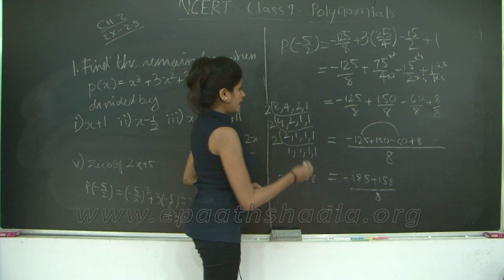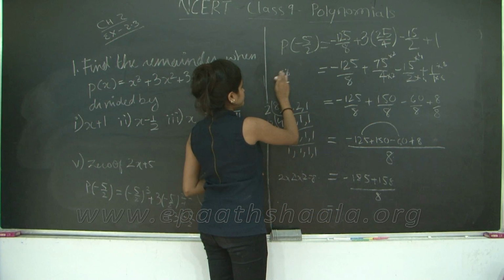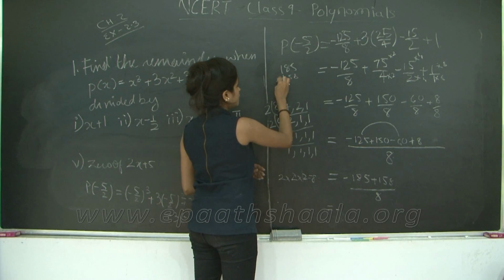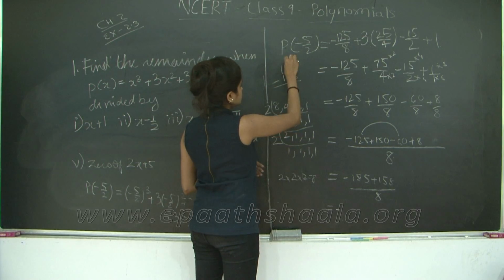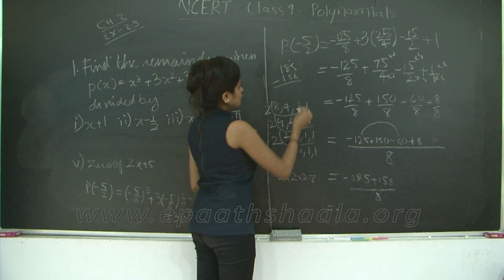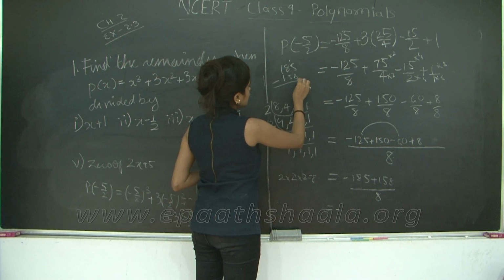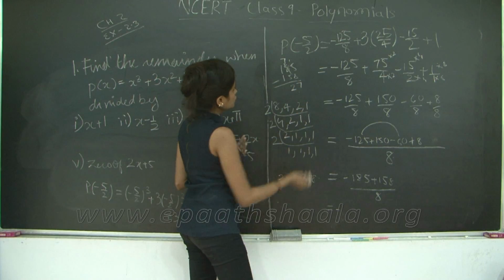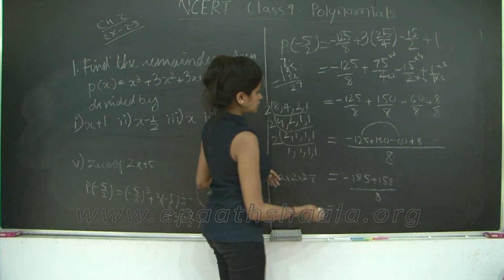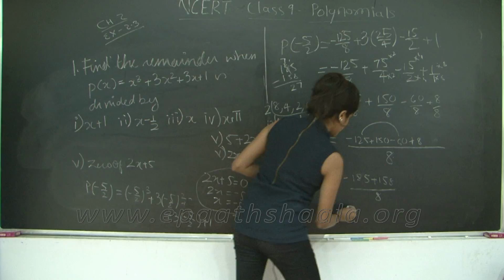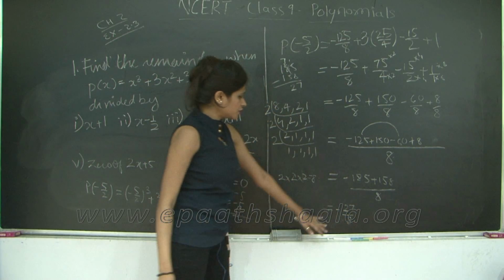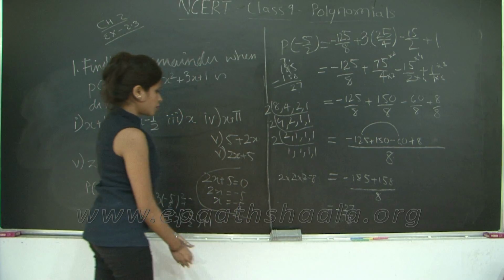So 185 minus 158. Different signs, so subtract. That is why 185 minus 158 is 27. Okay, so you are left with minus 27 upon 8. You cannot solve this further, so this is your remainder, minus 27 upon 8.